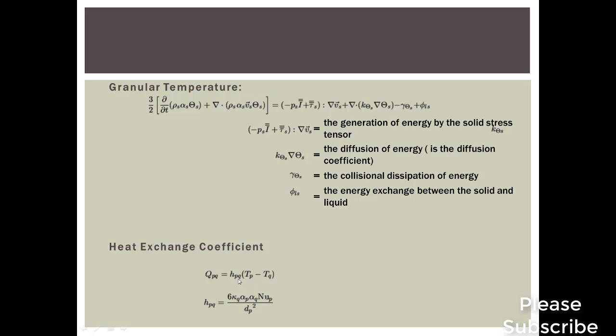If it is solid it is h_pq, and if it is liquid it is minus h_qp. Both would be the same, but the sign difference we need to incorporate in the conservation equations. So all these equations need to be solved in order to have a set of two-phase approach.